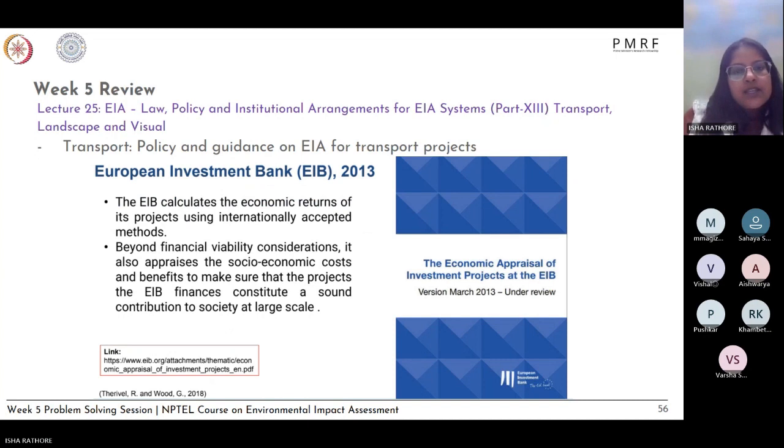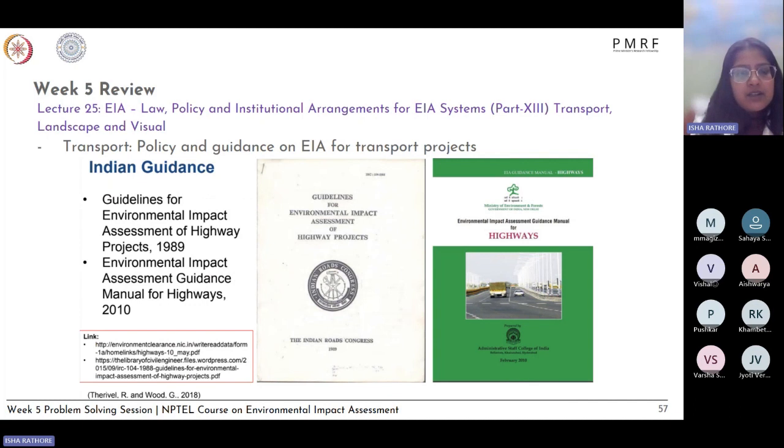Then we have certain guidelines like the European Investment Bank's guidelines on the appraisal of investment projects. It calculates the economic returns of the project using internationally accepted methods, and it does a socioeconomic cost analysis for these kinds of projects. Then for Indian guidance, we have the guidance for environmental impact assessment of highway projects.